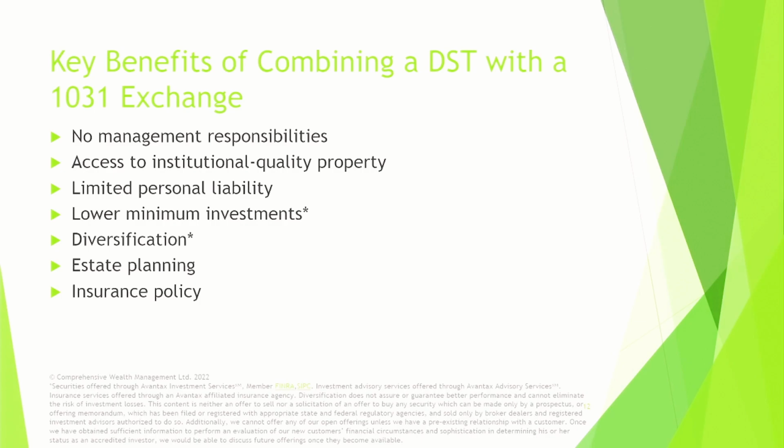The estate tax planning benefits are the same as I just mentioned. Tax deferral will become complete legal tax avoidance, not just for you on the capital gain, but also for your beneficiaries. It also acts as an insurance policy. And what I mean by that, let's assume you were going to buy a property that you were going to manage, and you listed that as one of your 3 choices.